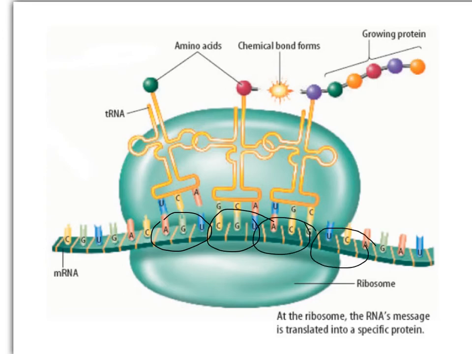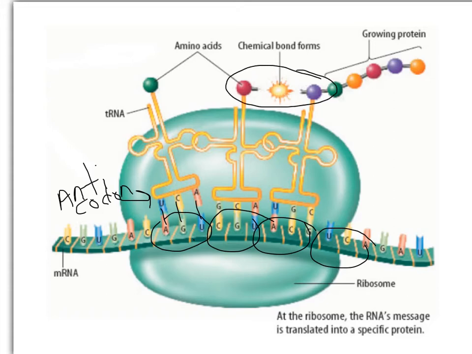All right, so as we have gone through, we can see that the tRNAs have complementary base pairs. This right here is referred to as the anticodon, because it's the opposite. So the anticodon is on the bottom of the tRNA. They will then join together right here, those amino acids, and form, you should know, a peptide bond.